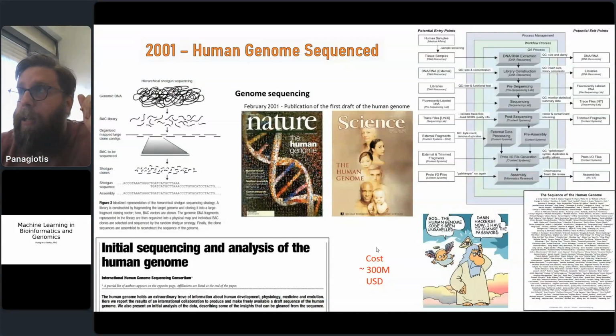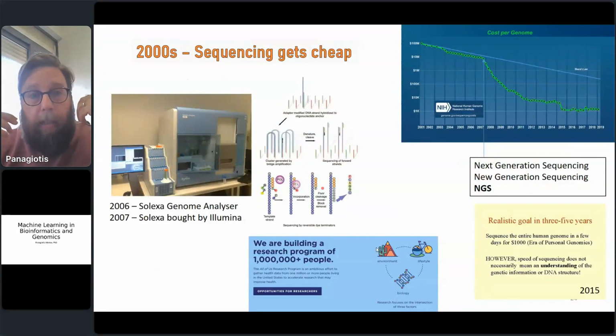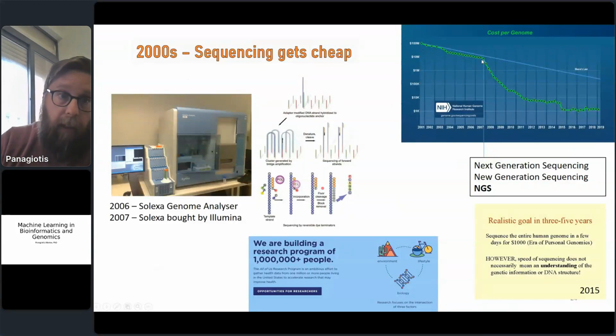Now we had the genome, and sequencing genomic sequence started becoming much cheaper. You can see that the human genome would cost about $100 million to sequence in 2001, and then during the 2000s the price started reducing, on a logarithmic scale, by the way. Then you see an inflection point around 2008 when next generation sequencing becomes available, which I will not bore you with.